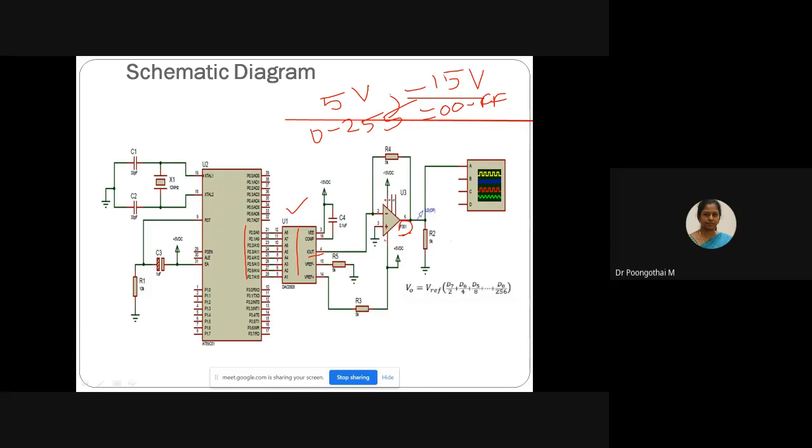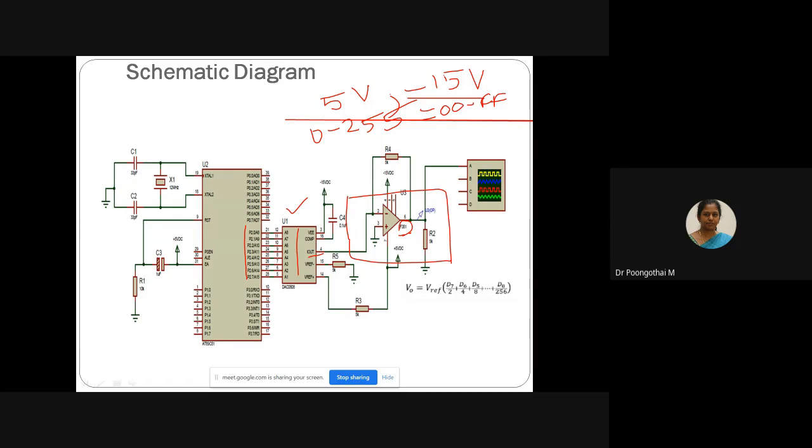So this circuit is known as a current to voltage converter. It is used to convert your current into analog voltage. The analog voltage from the operational amplifier has a linear relationship with the value of the input digital. In this way, the conversion of digital to analog can be performed.